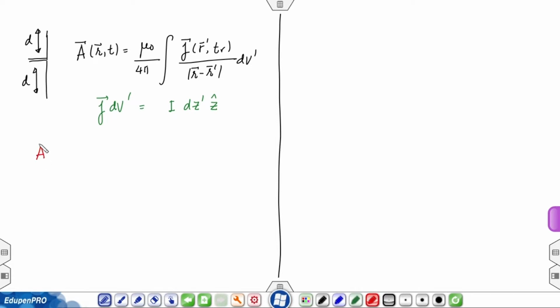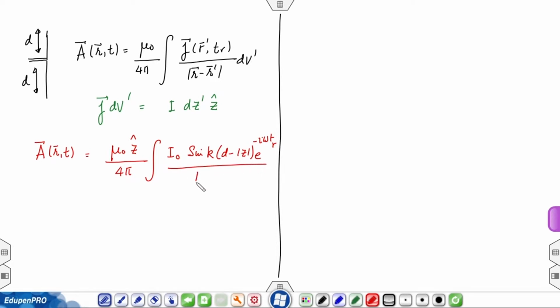the vector potential A(r, t) is going to be equal to mu naught in the z direction, which is a constant direction, over 4 pi, I naught sine of k (d minus mod z prime) e raised to minus i omega t retarded divided by mod of r minus z prime, and this is integrated over z prime from minus d to d.